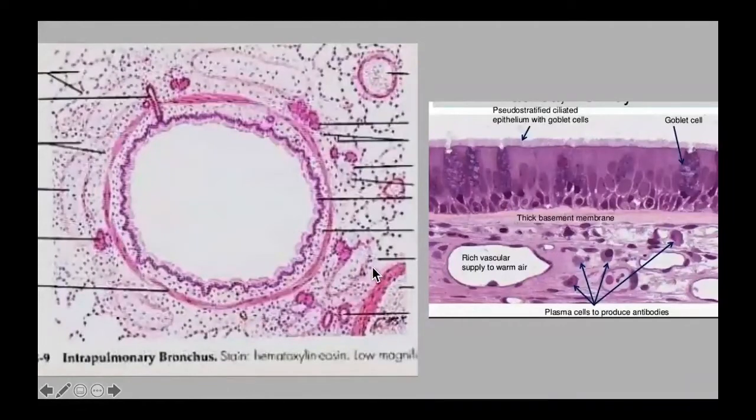If we take a cross-section view of a large airway, we see that the lumen is covered uniformly by pseudostratified ciliated epithelia with goblet cells in between.